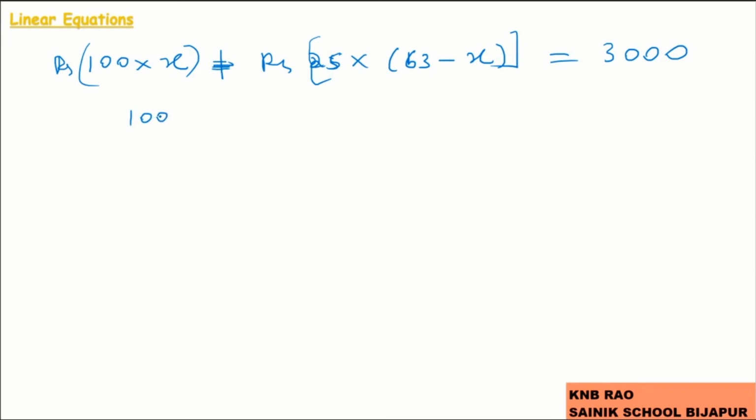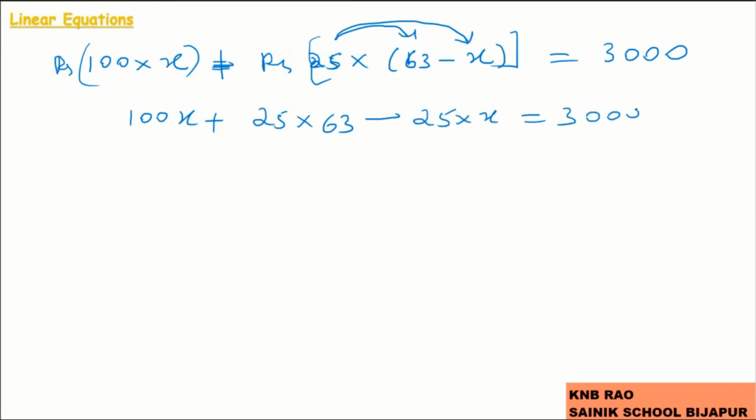So 100x plus 25 into the difference of 63 and x. This is distributive property, multiplication over subtraction. So plus into minus minus, 25 into x equals to 3000.